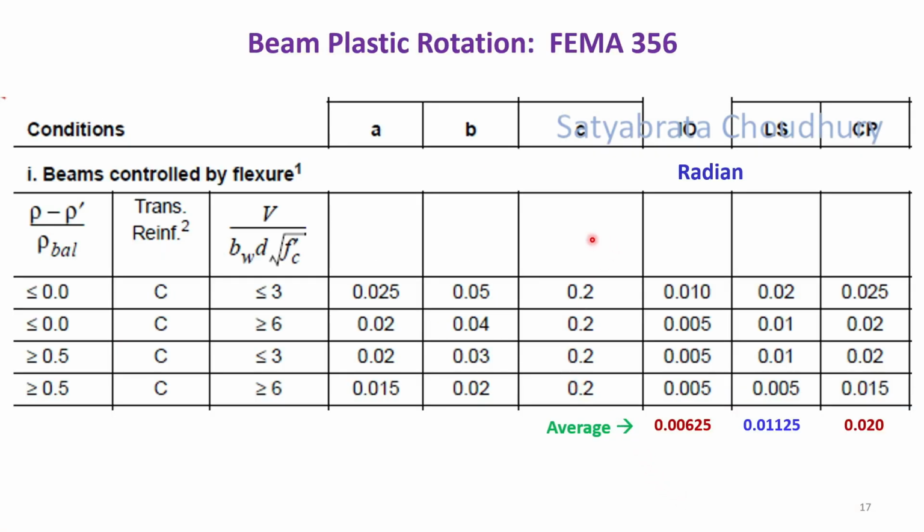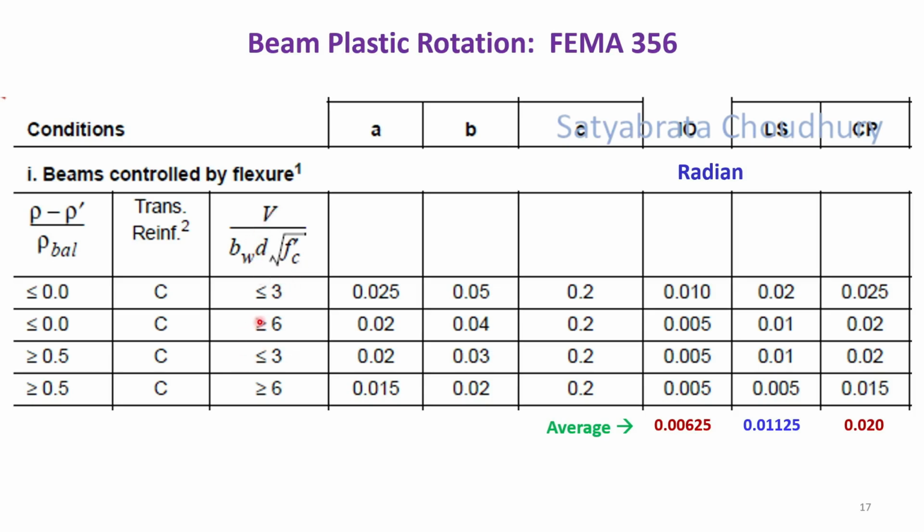Now, plastic rotations are given in the FEMA documents, FEMA 356, for beams controlled by flexure. That is bending beams. The values of IO, LS and CP in radians are given like this. Now you see these values are given in tabular form in terms of the steel ratio, that is tension steel, compression steel and balanced steel, and the shear ratio, shear force divided by b_w d root over f_c dash.